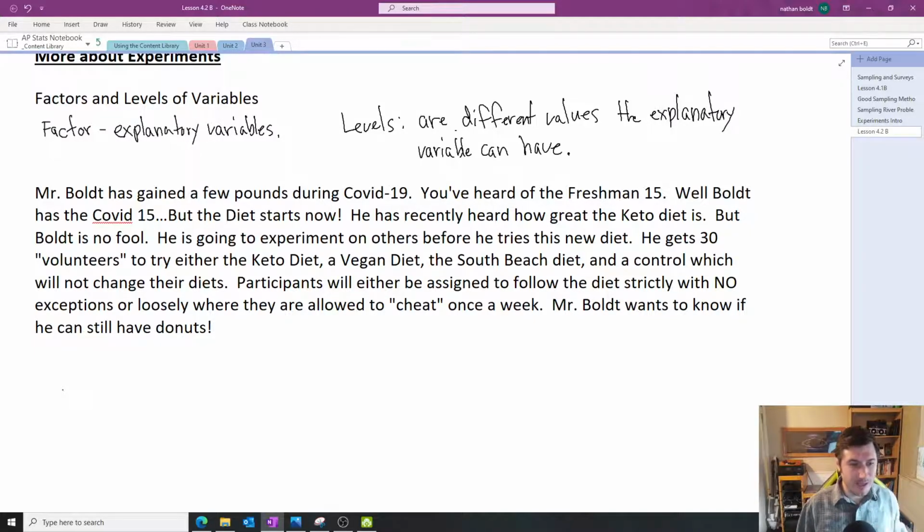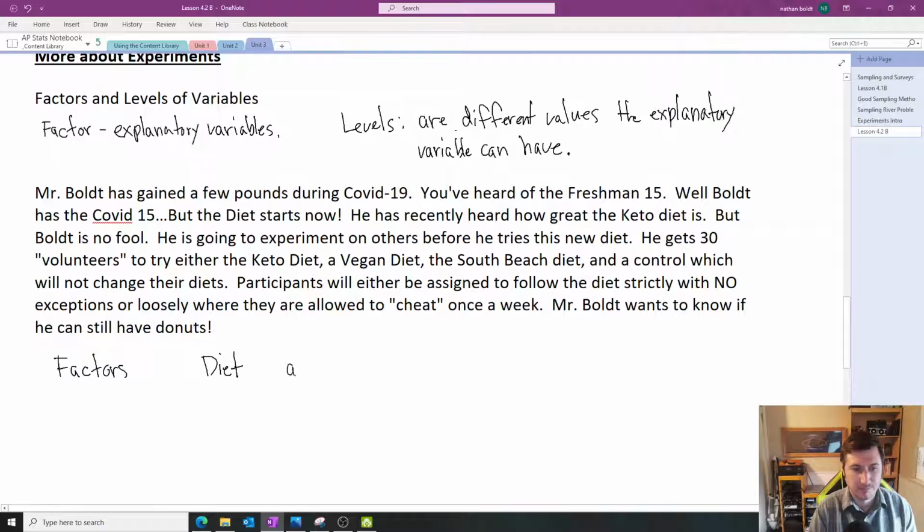All right, so what do we have here? So we've got two variables here, and it might be kind of hard to pick them out. The two variables, or factors, we've got our diet and whether or not they're allowed to cheat.